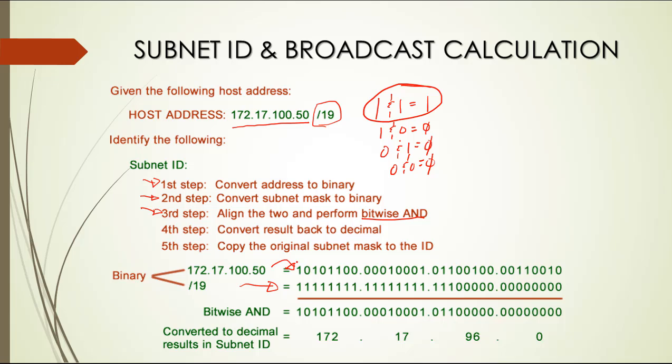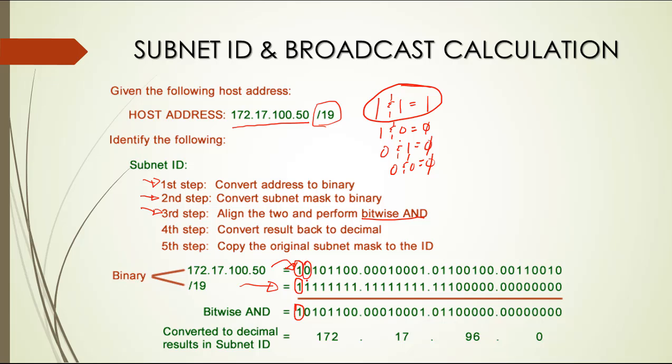So we're just simply comparing the bit in the host address in that position against the same position in the subnet mask with a bitwise AND to determine what is going to be the corresponding bit within the subnet ID itself. So in this case, the first bit position, a 1 and a 1, equals a 1.